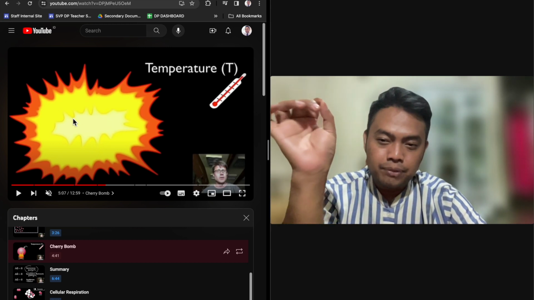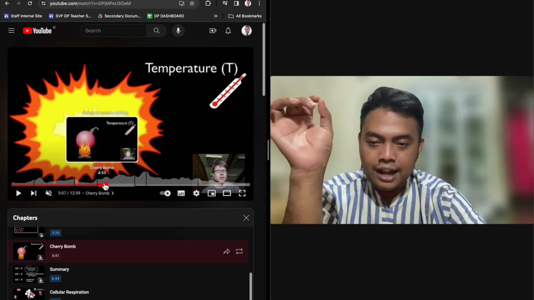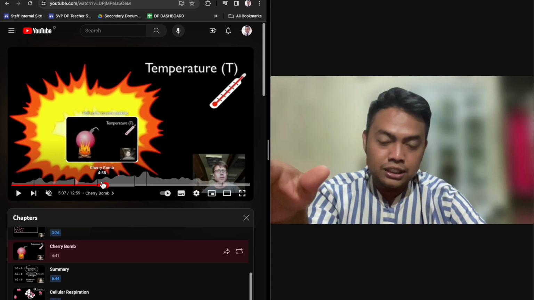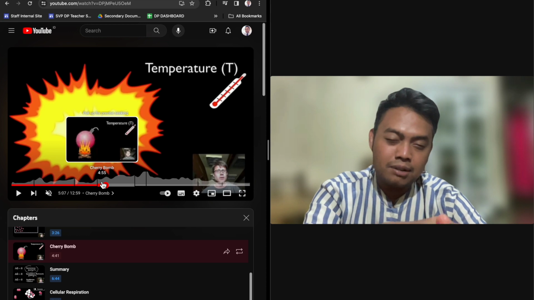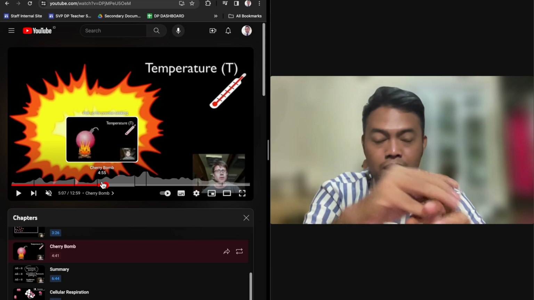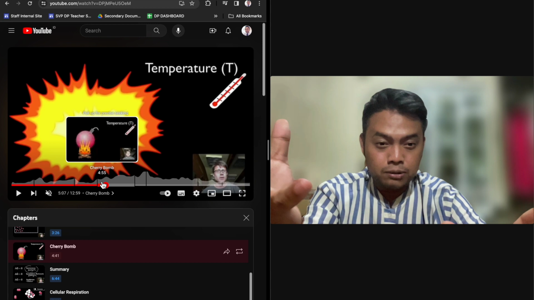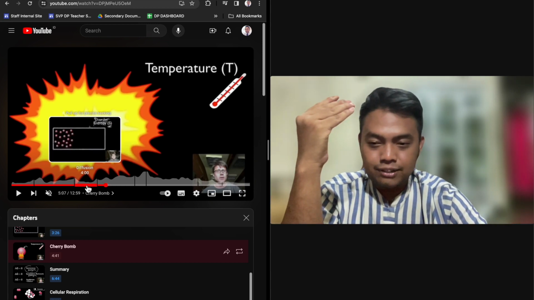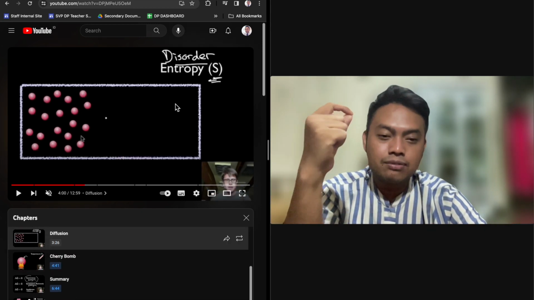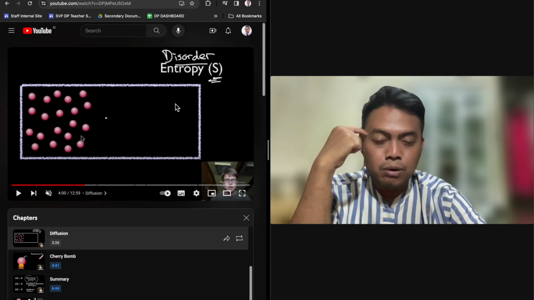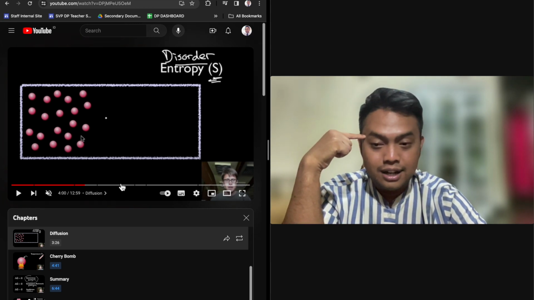So this is the temperature before and after explosion, and the temperature after explosion will be higher. So this is kind of the same with entropy. You want to have higher value on temperature when you want to have spontaneous reaction, right?